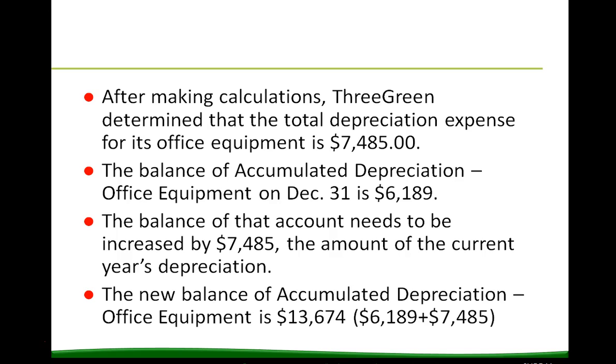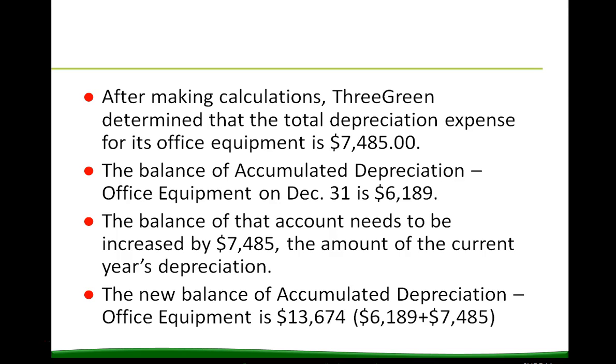It's really important to retain the original cost information for plant assets. If depreciation expense for office equipment were credited directly to the asset account, office equipment, that account would no longer show the total amount of the cost of office equipment. The account would be reduced by the amount of the depreciation.